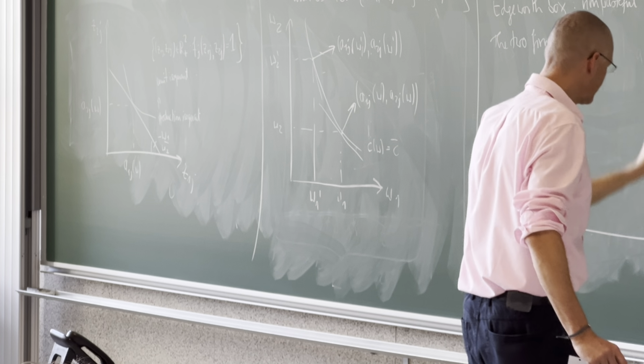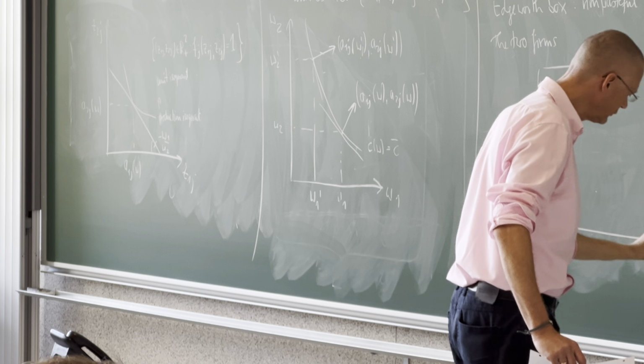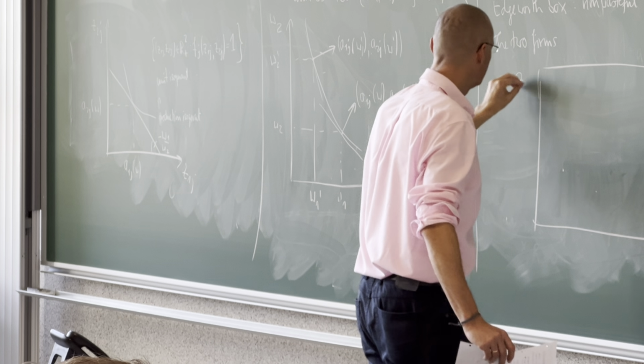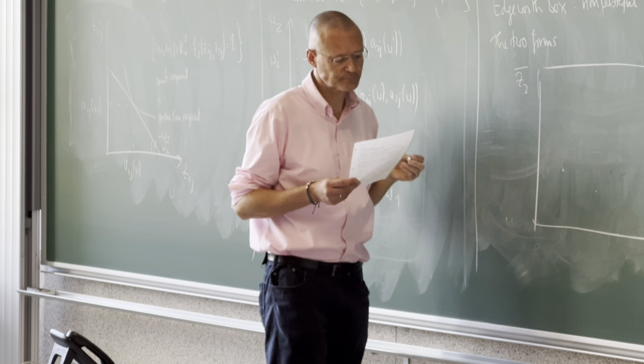So here the size of this Edgeworth box is the total amount of endowment of the two factors in this economy. And then we do basically what you start with.